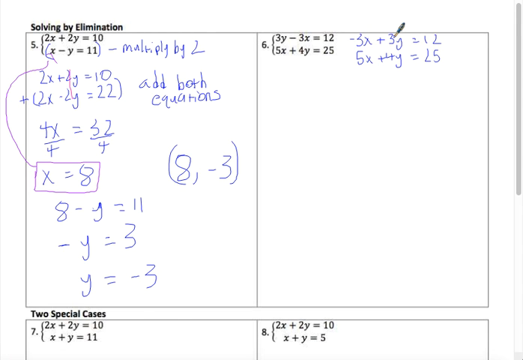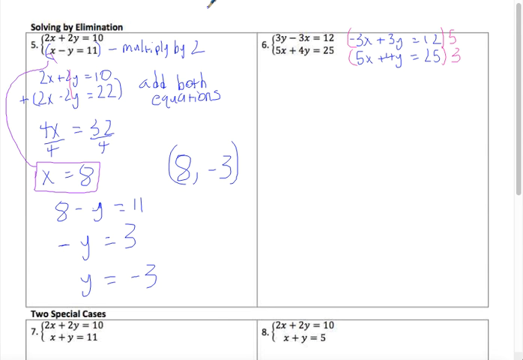So suppose I want the x terms to cancel out. So rather than trying to multiply 3 by 5/3 to make it 5, I'm just going to multiply the top one by 5 and the bottom one by 3. It's going to make one of the x's negative 15 and the other one positive 15.